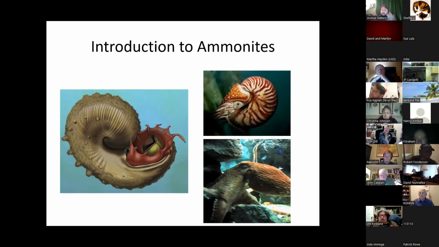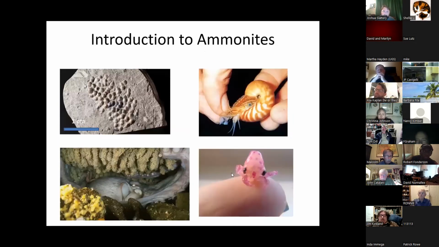They even made a lot of early reconstructions similar to modern nautilus. But over the last few decades, we've started reinterpreting how ammonites are related to other cephalopods, and we now think they're not so closely related to the modern nautilus. They're probably more closely related to the coleoids.